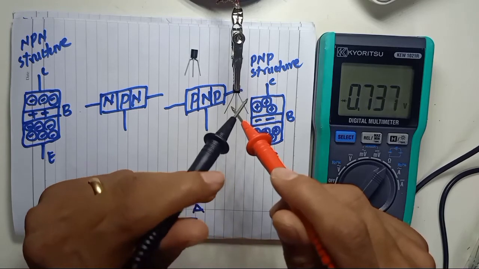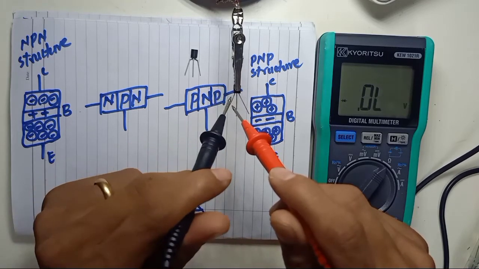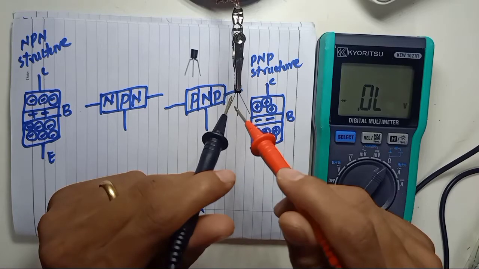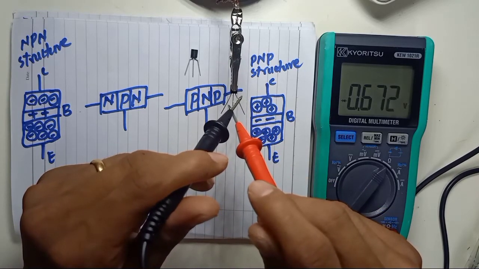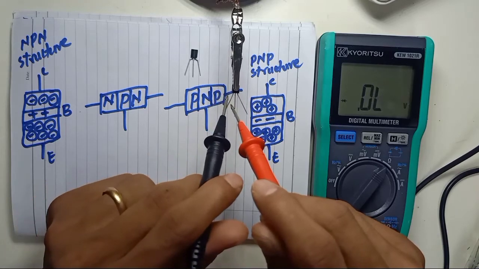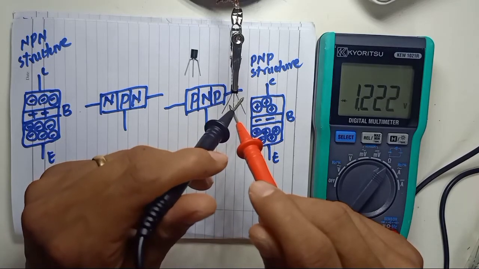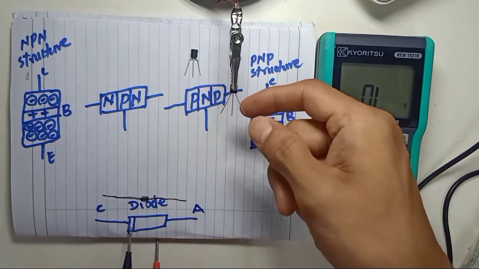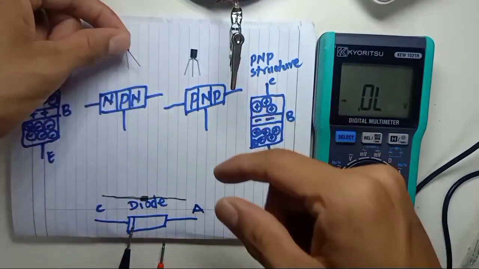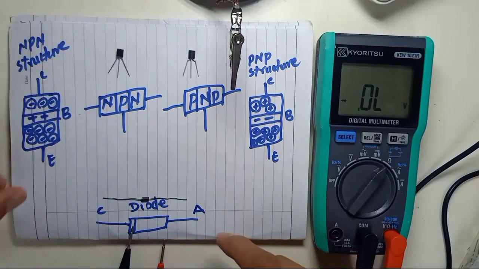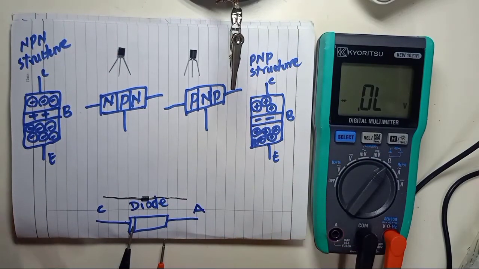So simply we can identify this transistor is an NPN transistor. You remove it, and I put it here. This transistor is an NPN transistor.